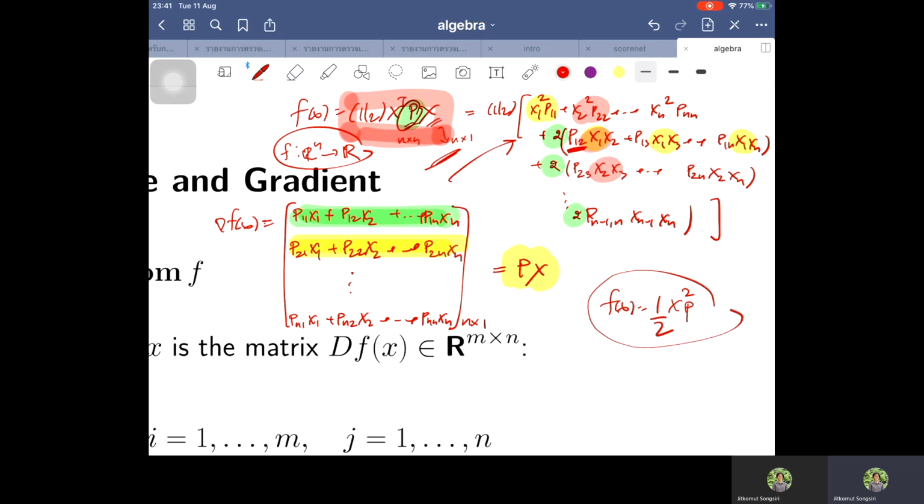When you take the derivative, it's going to be p times x. When things become vector and matrix, the gradient becomes the matrix P times x, and that's the generalization from a function of a scalar variable.